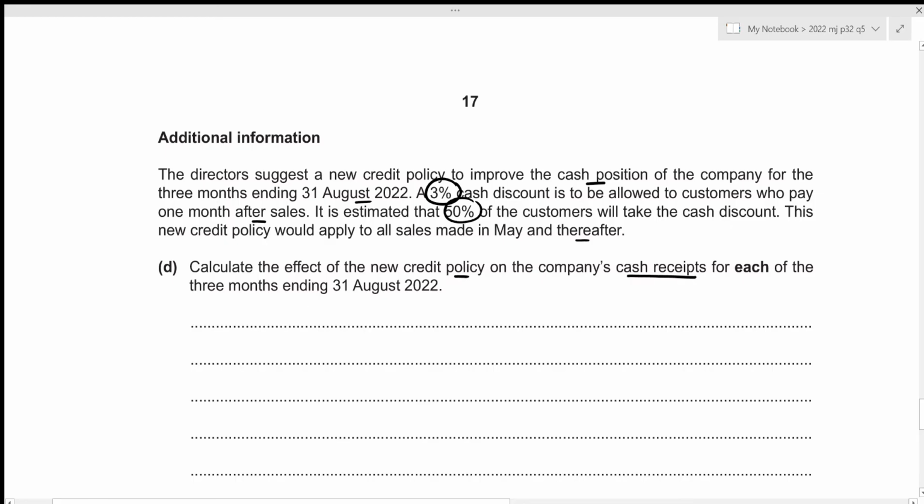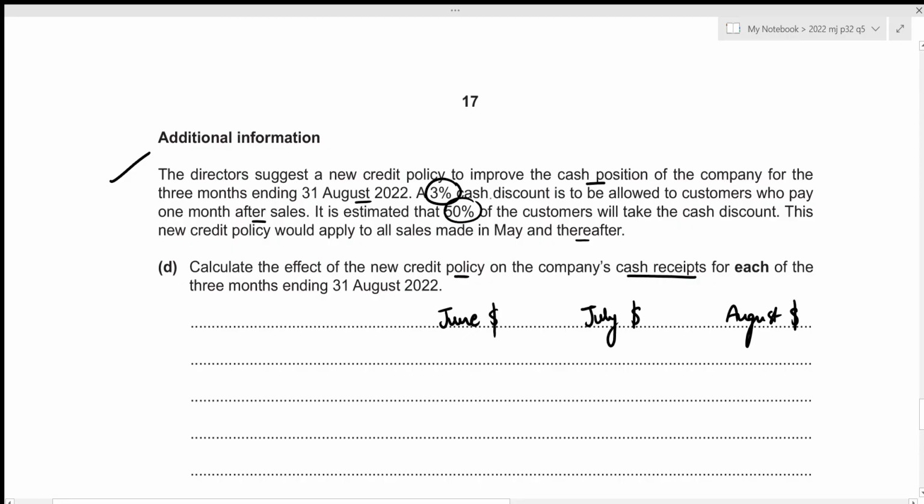So we're only talking about receipts for each of the 3 months ending 31st August 2022. So let's figure out the receipts under this new policy. We are talking about the months of August, July, and June.